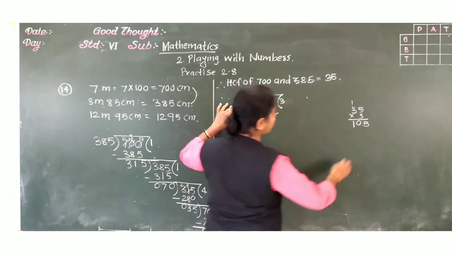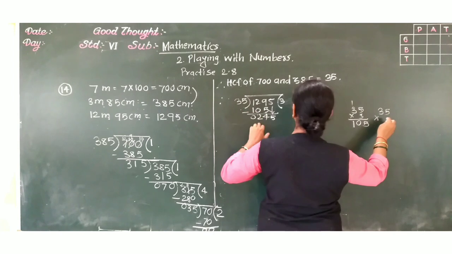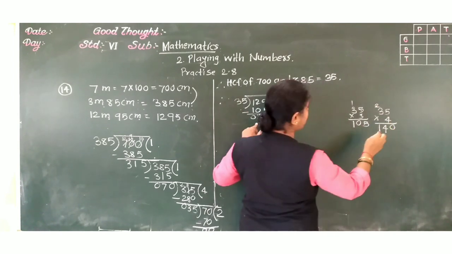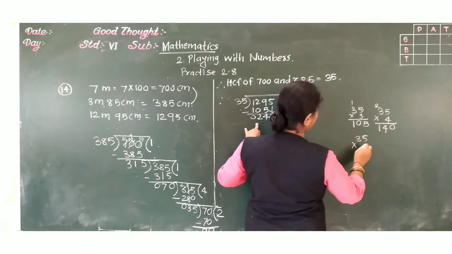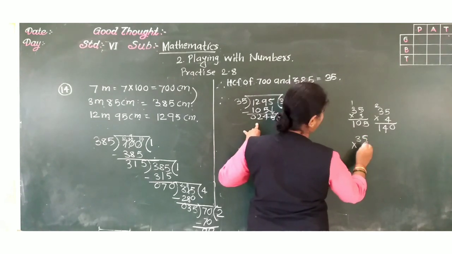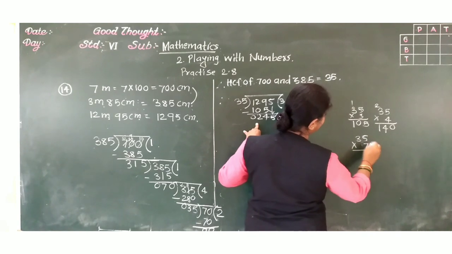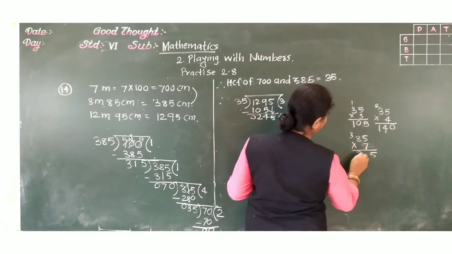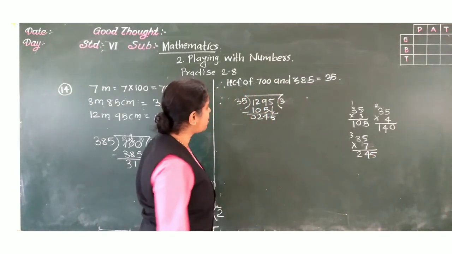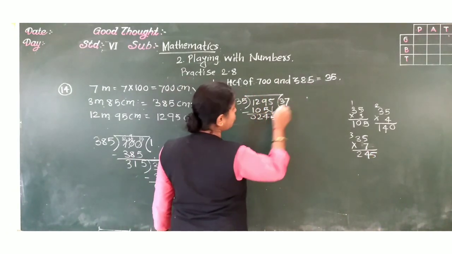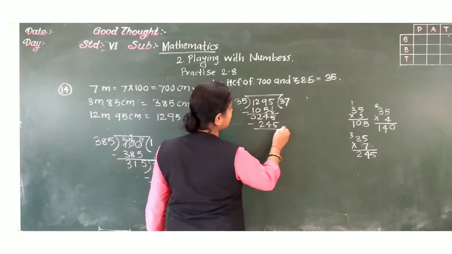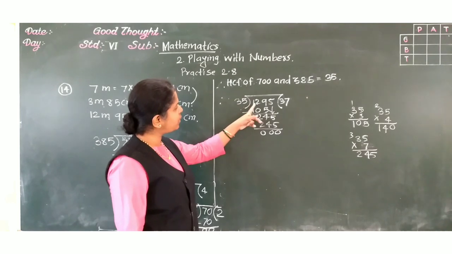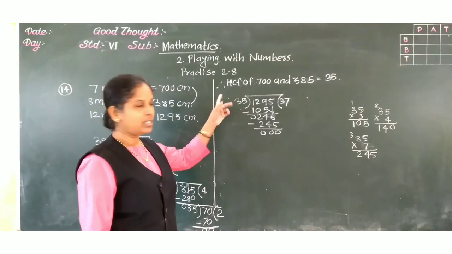So 35 sevens are 245. Correct? That means we can divide 1295 by 35.